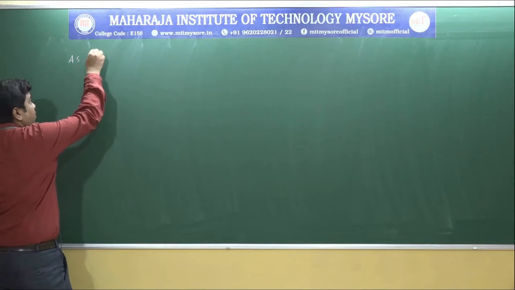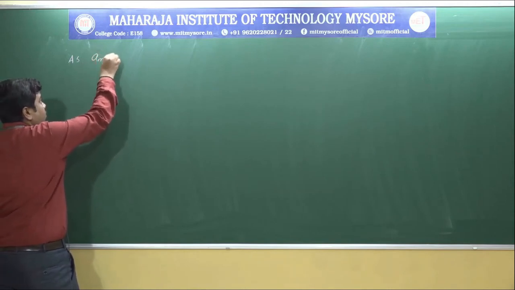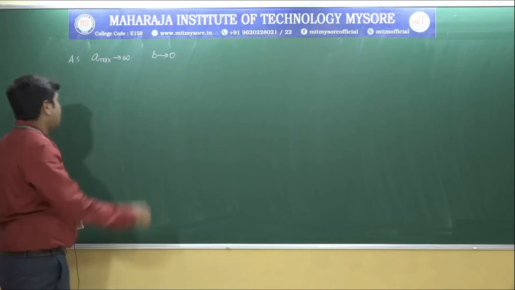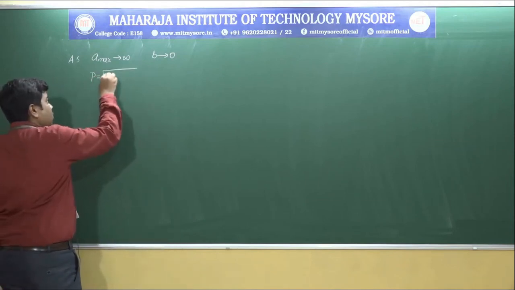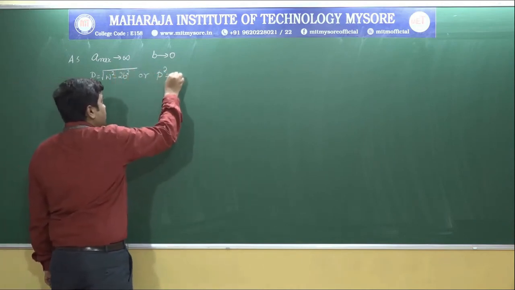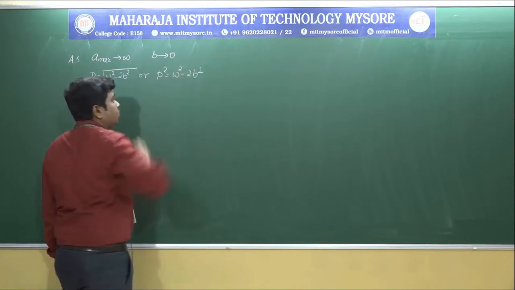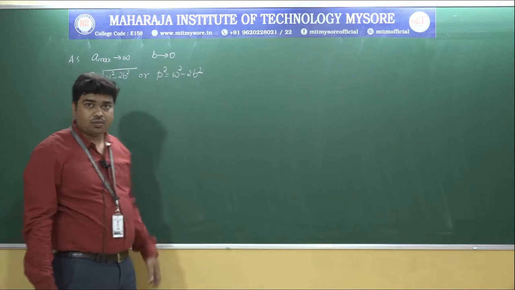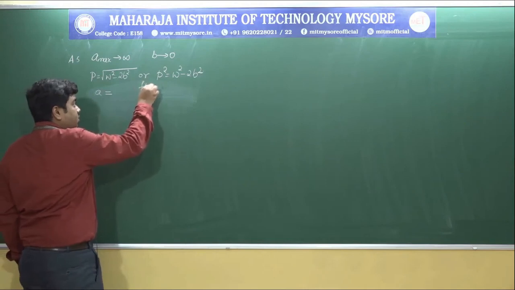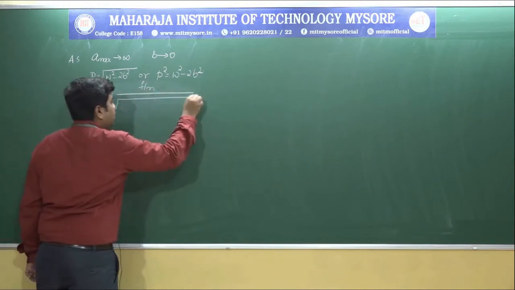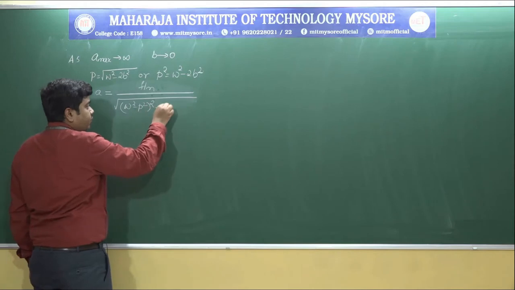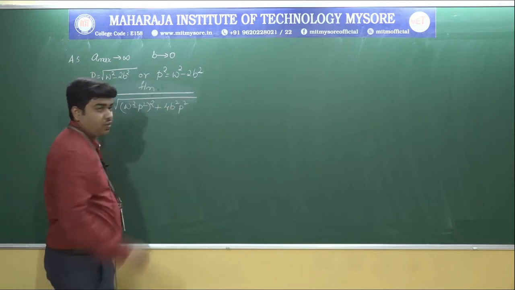As A max tends to infinity, b will tend to 0, and we know that P is equal to square root of omega square minus 2b square, or P square is equal to omega square minus 2b square. Now, this value of P square we will substitute in the equation of the amplitude. We know the equation for the amplitude is A is equal to F by m whole divided by square root of (omega square minus P square) whole square plus 4b square P square.